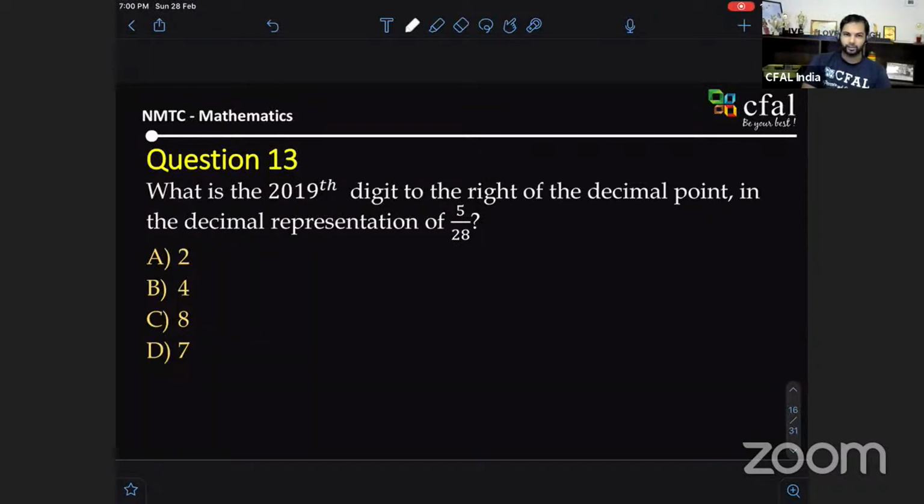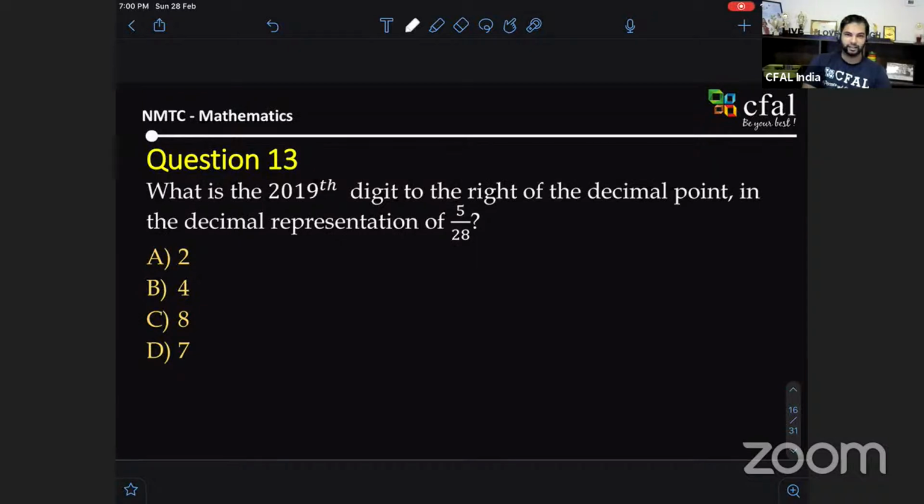Remember, we had discussed the method of writing a decimal into P by Q, right? If you had done that, can you see this number? It's a rational number, right? So there might be some repetition.